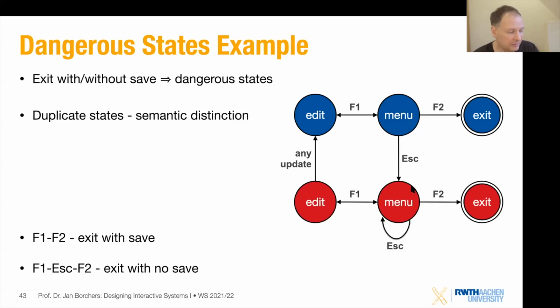If I press escape in the menu state, we said that it actually stays in the menu state, but it resets the autosave flag. So it basically says that it considers the file unchanged, meaning I could now exit my program without it automatically saving my progress.